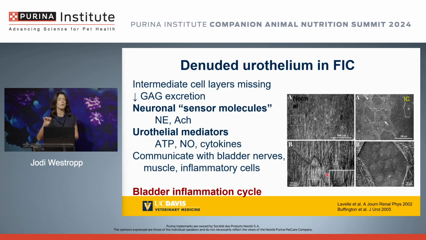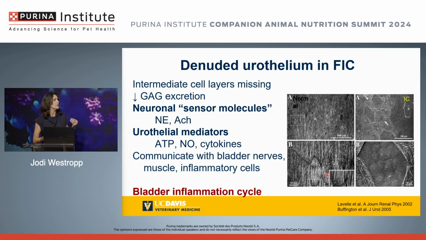It's even been reported that sometimes some of their intermediate cell layers are missing. They also have decreased glycosaminoglycan excretion, and the GAG layer has been reported to coat those urothelial cells to, again, act as a protective barrier. So if it's missing, that might contribute to altered permeability and increased inflammation.